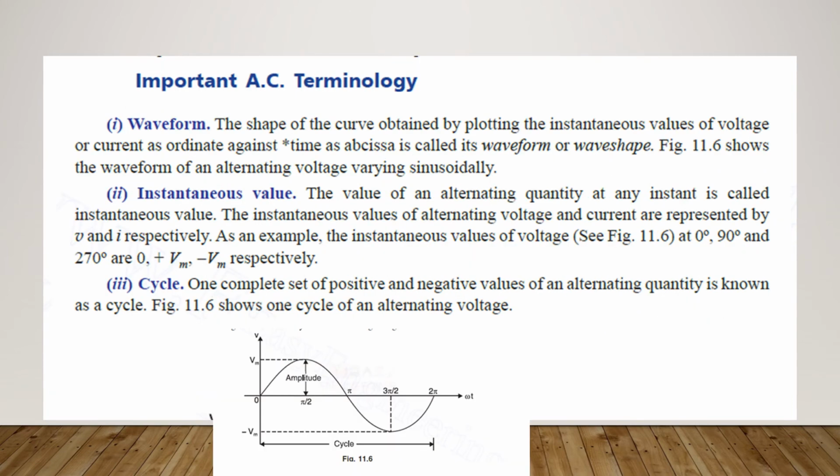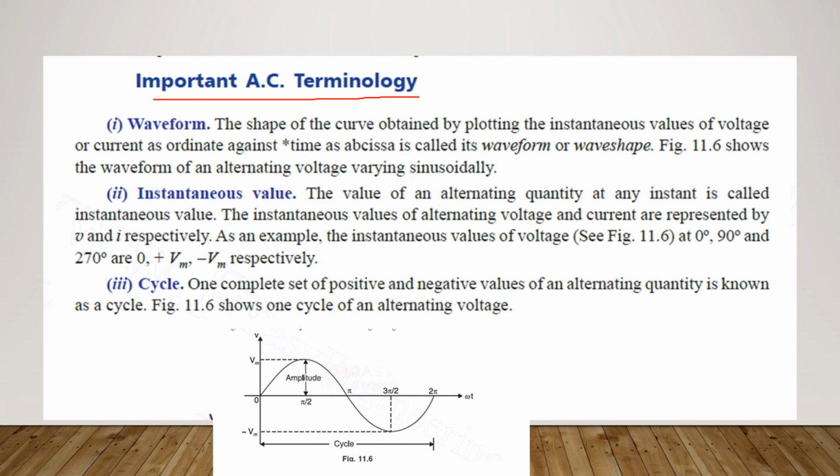So, important terminologies. We'll see what a waveform is. In this diagram you can see what a waveform is: the whole positive half and negative half can be considered as a waveform. The instantaneous value is the value at 0 degrees, 90 degrees, and so on; at this instant what is the value, at this instant what is the value.